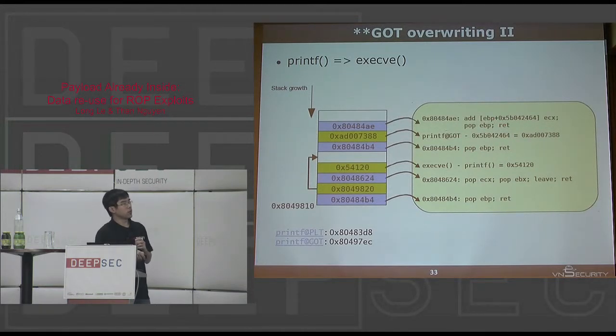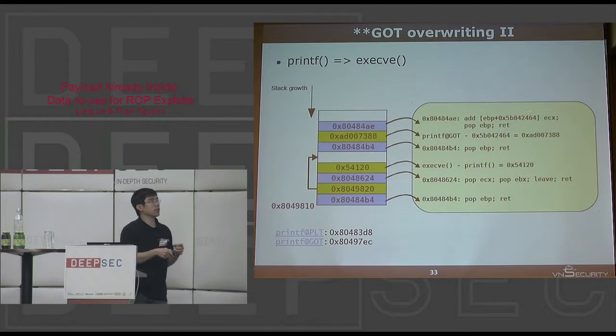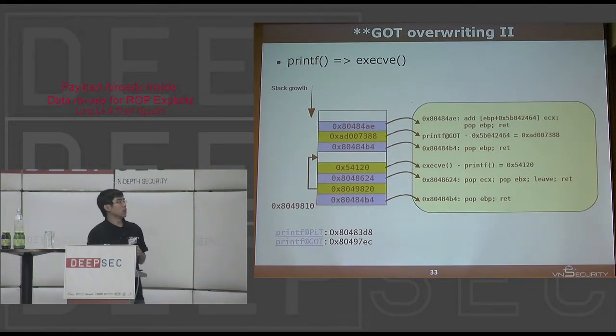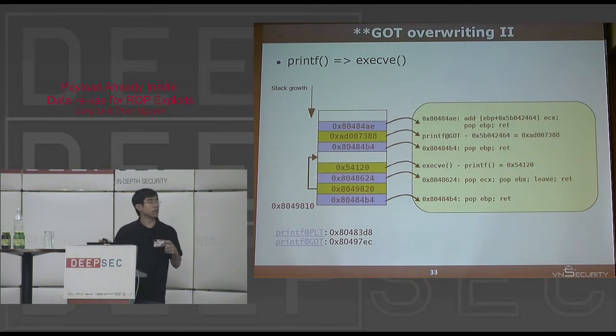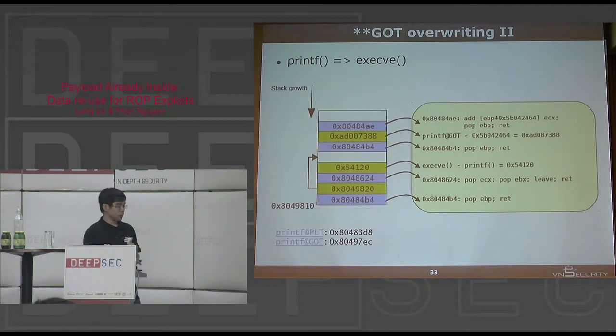And this value is actually the printf GOT address minus this one, because basically the gadget we have is like this, so we have to offset that. So basically after this one, we actually get the GOT entry of printf. It will be added this value, so that it becomes the address of execve in the library.